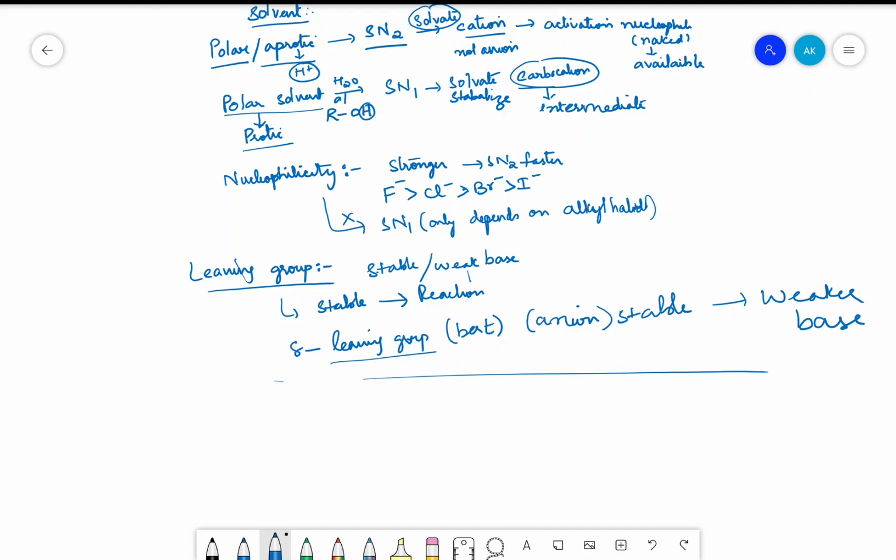We have an example for this: iodides and bromides are stable ions with weaker bases.